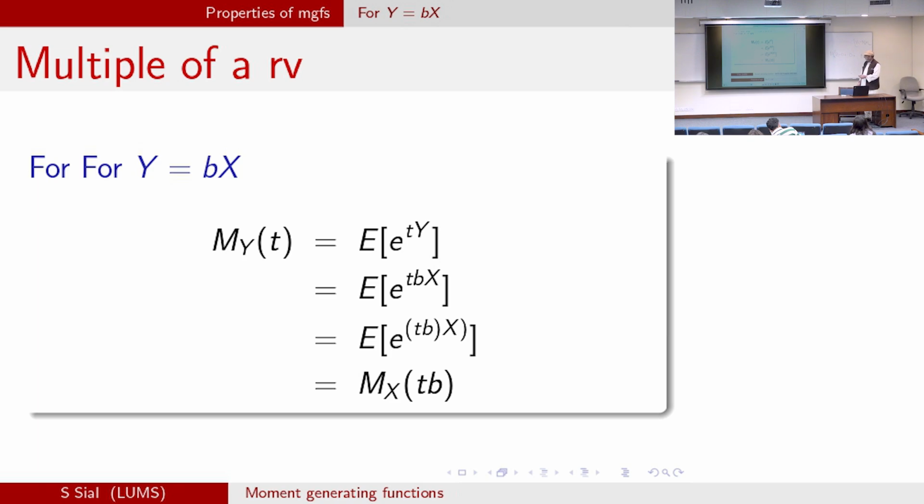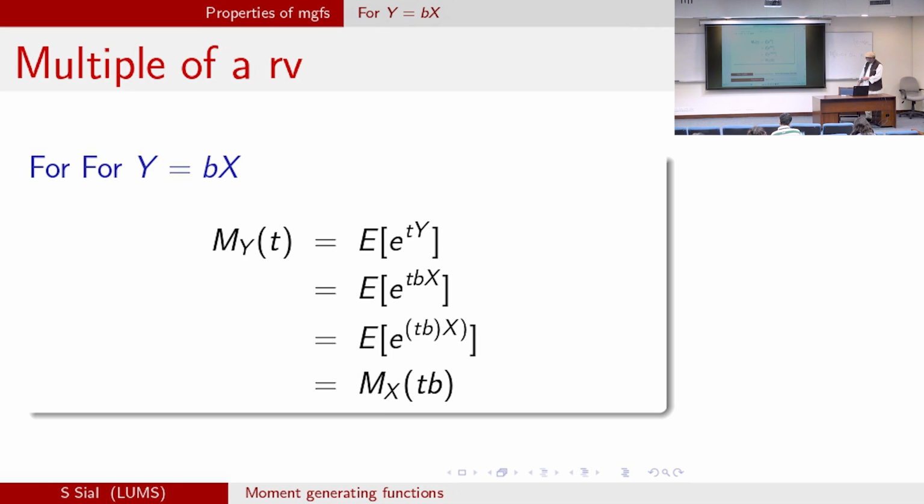The y is bx. So the MGF for y is the expectation of e to the ty. Replace y by bx. So it's the expectation of e to the tbx. Well, we can think of tb as another constant. T was a constant, b was a constant.